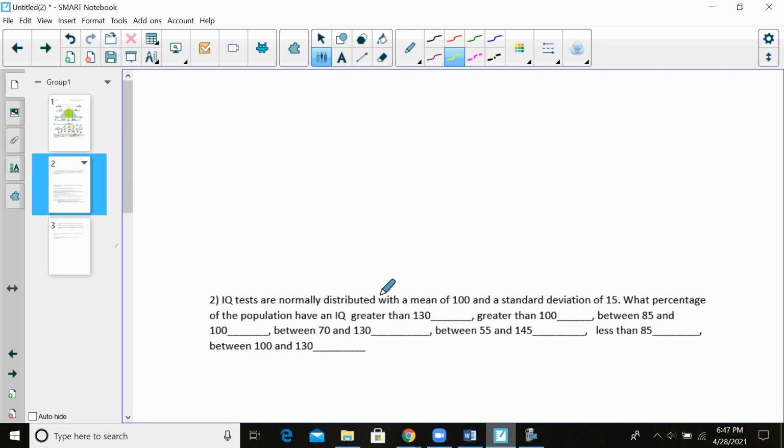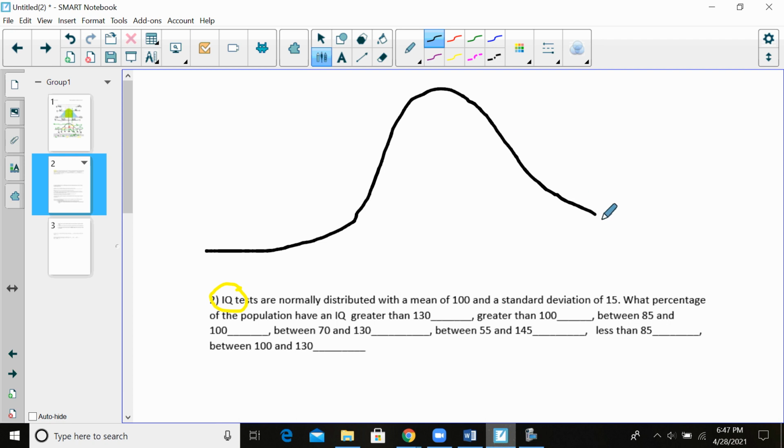So number 2, we're talking about IQ tests, which again is something that's normally distributed. All right, so the first thing you want to do is draw your bell-shaped curve. And your average goes right in the middle.